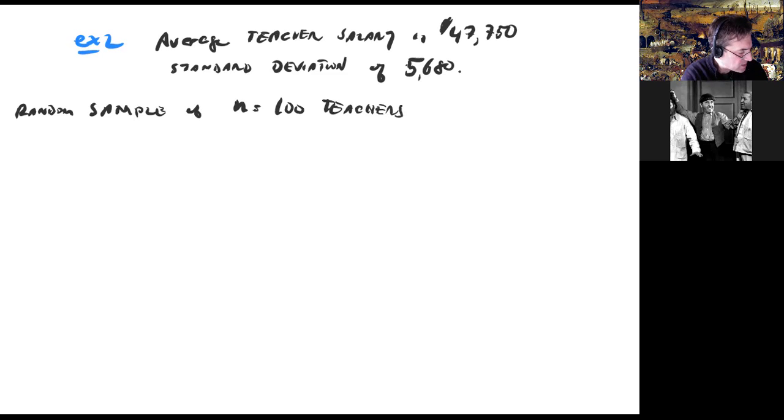And we ask, what's the probability they earn less than $47,000? So let Xi be the salary of the ith teacher in the sample.